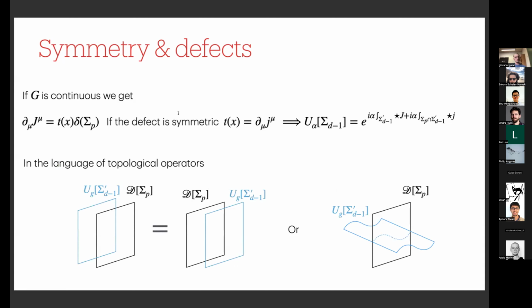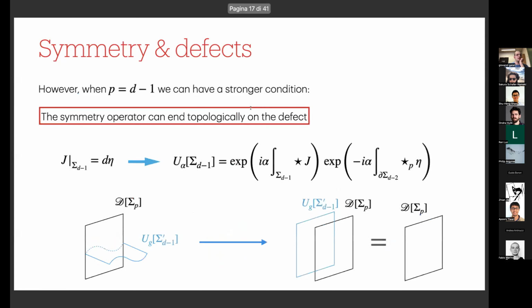Okay. So this is the standard way of defining symmetric defects. But what we pointed out in our paper is that if we tune the dimensionality of the defect to be exactly d minus 1, then we can have a stronger condition on top of the symmetric defects.